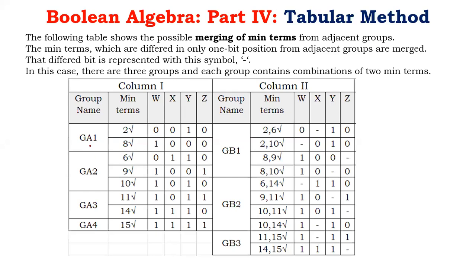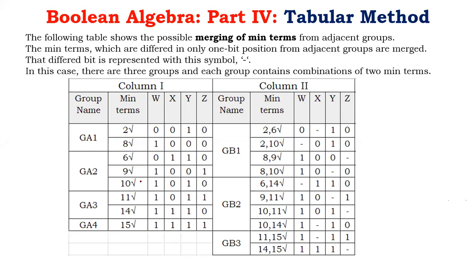We cannot compare GA1 to GA3 because these two groups are not successive. Successive groups' min terms should be compared with respect to the 1 bit position change. If there are any unused min terms, then those min terms should be treated as prime implicants.